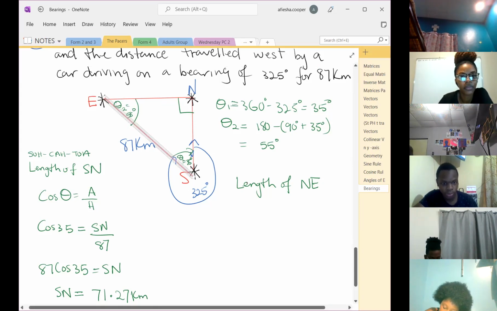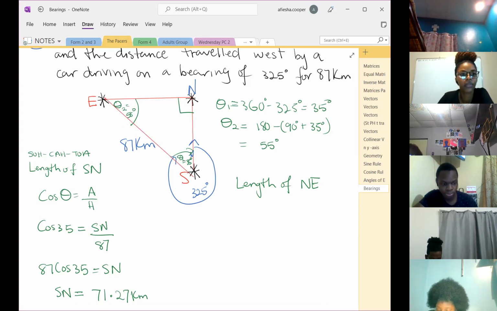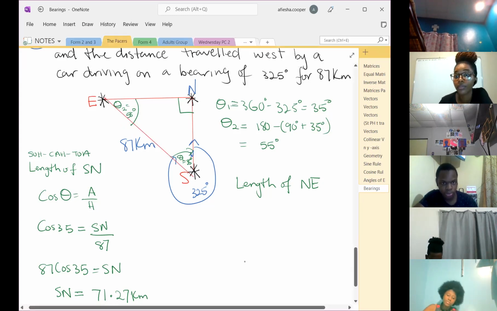The opposite and the hypotenuse. So what trig is that?